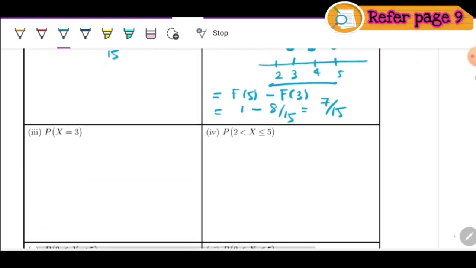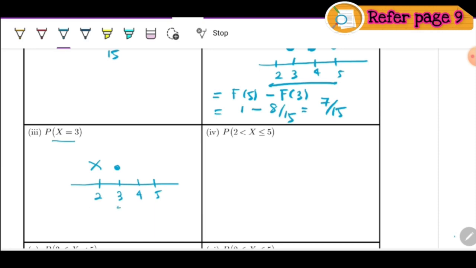Look at question 3. Find the probability when x equals 3. So we draw a number line, starting from 2, 3, 4, 5. So we just want x equals 3 only. So we don't want x equals 2 or less than x equals 2.